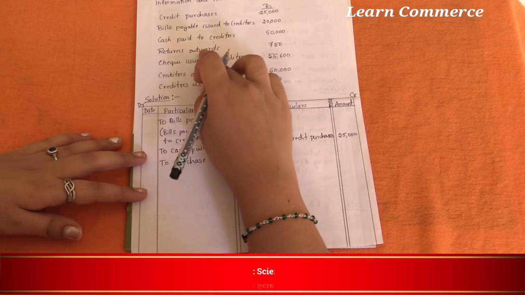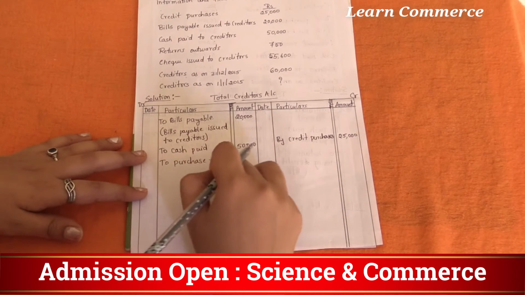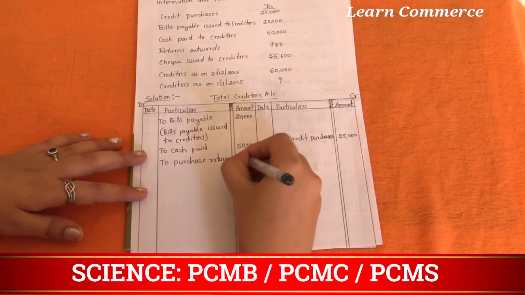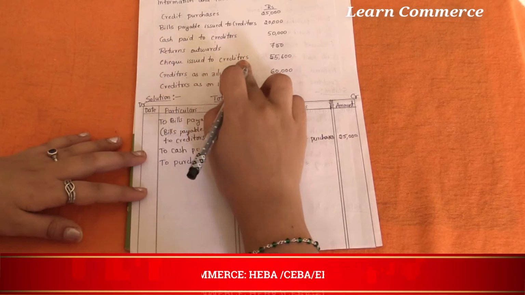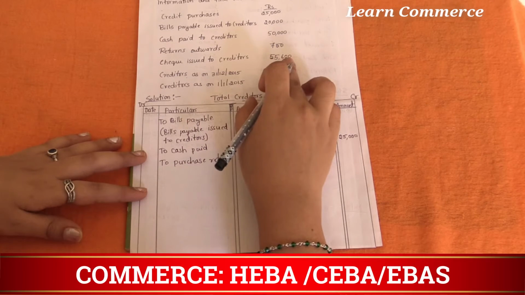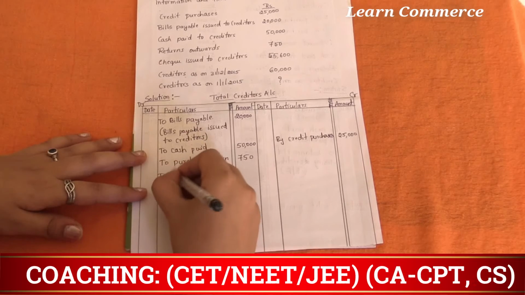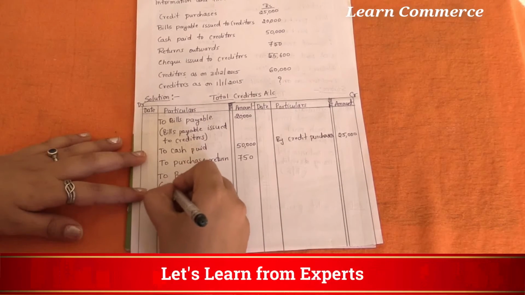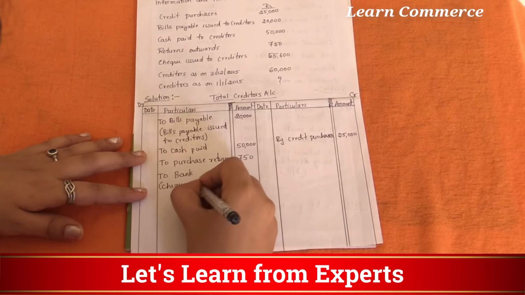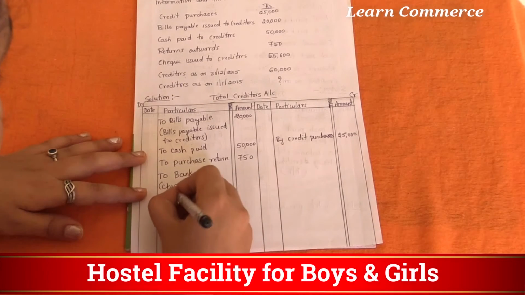Return outwards is nothing but it is purchase return. So to purchase return, the amount is 750. Then check issued to creditors 55,600. It should be recorded in debit side, to bank. In bracket, check issued to creditors.